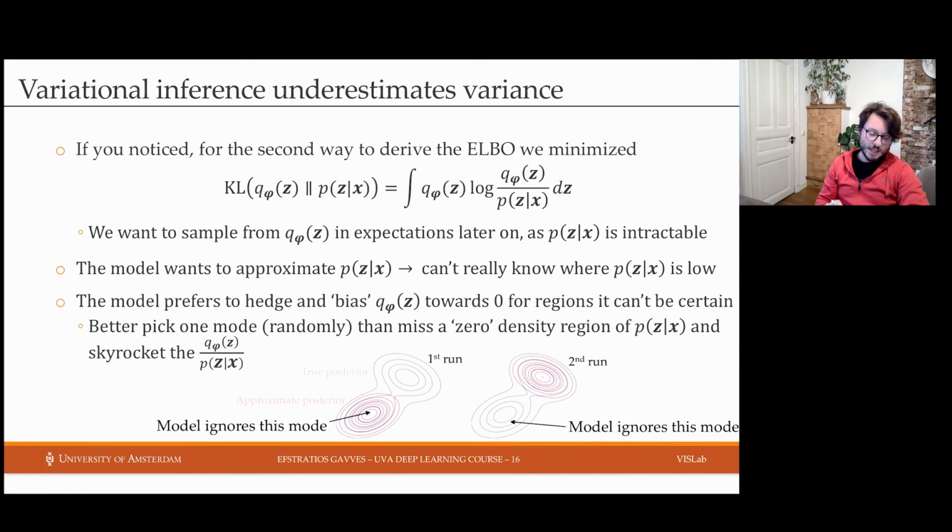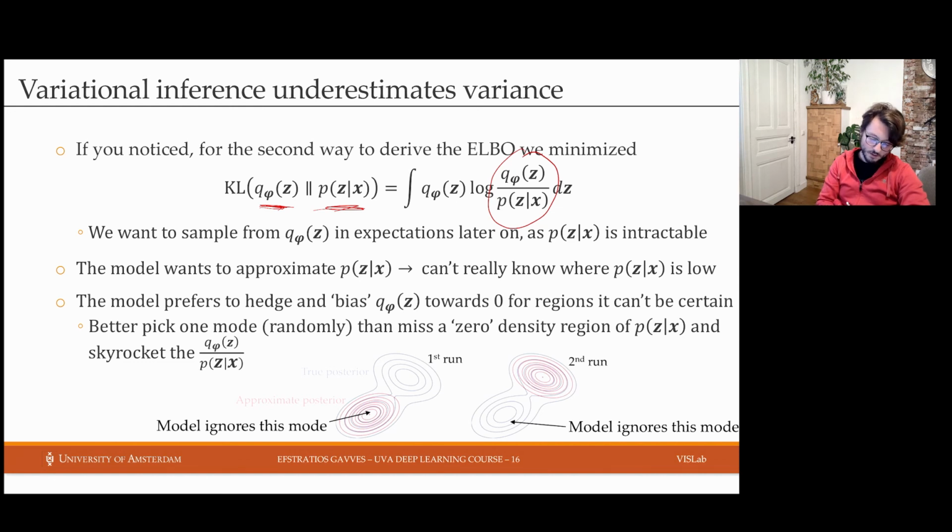Variational inference generally underestimates variance, and the reason is the way we derive the ELBO. In one of the two ways we derived the ELBO earlier, we saw that we want to minimize the distance of the importance sampling function that I'm learning, as a density function, from the true posterior. And by doing so, we see that we have this ratio.